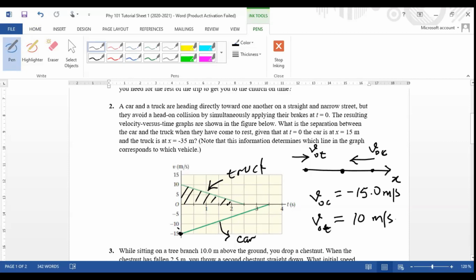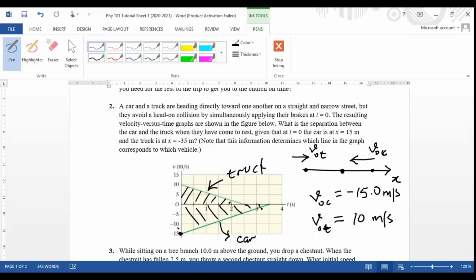So how do you calculate the area under the curve? The area under the curve is just half of the base times height. So this area here represents the distance that was moved by the truck as it was slowing down. And this area here represents the distance that was moved by the car as it was slowing down. Are we together then?